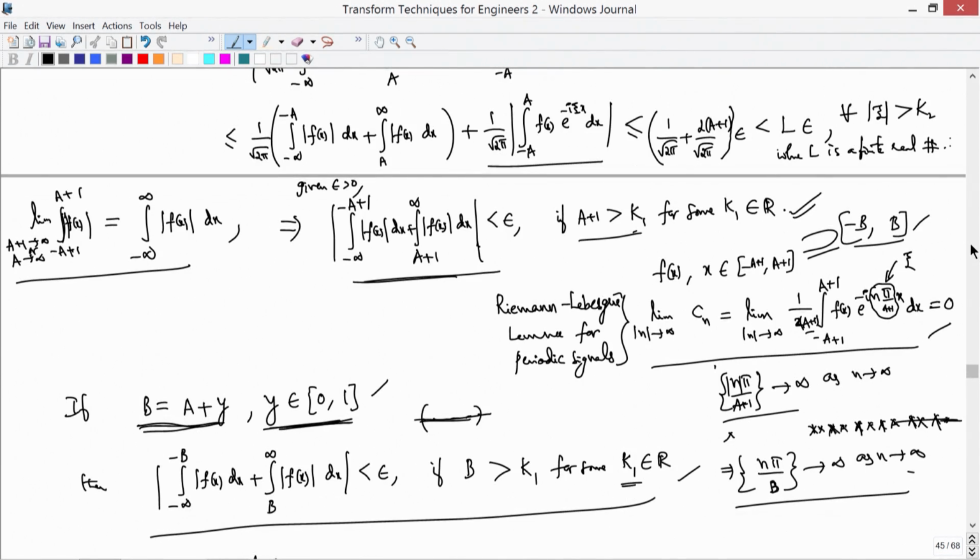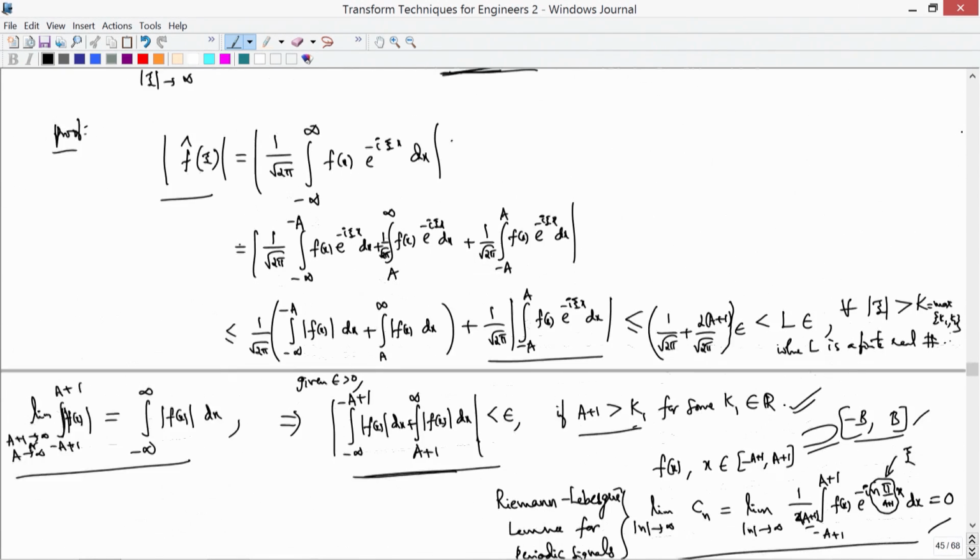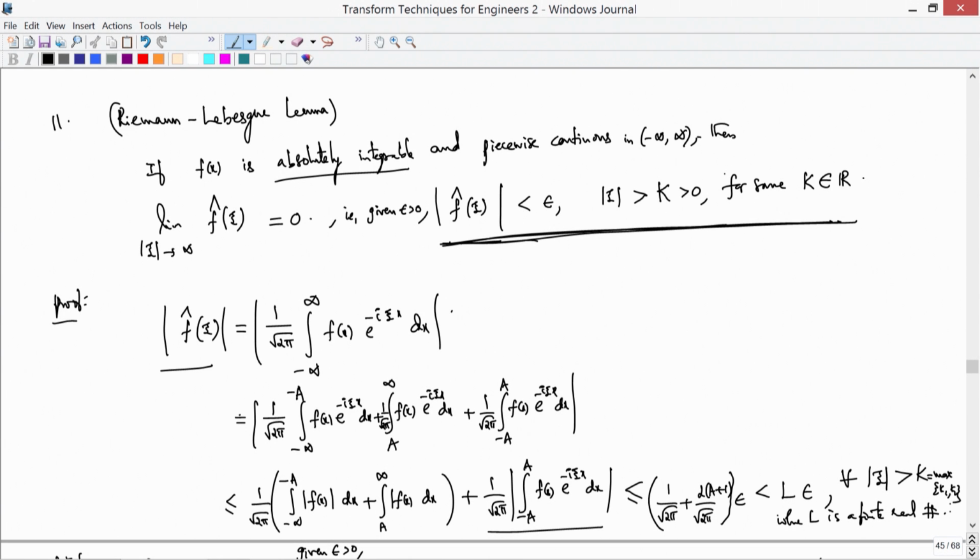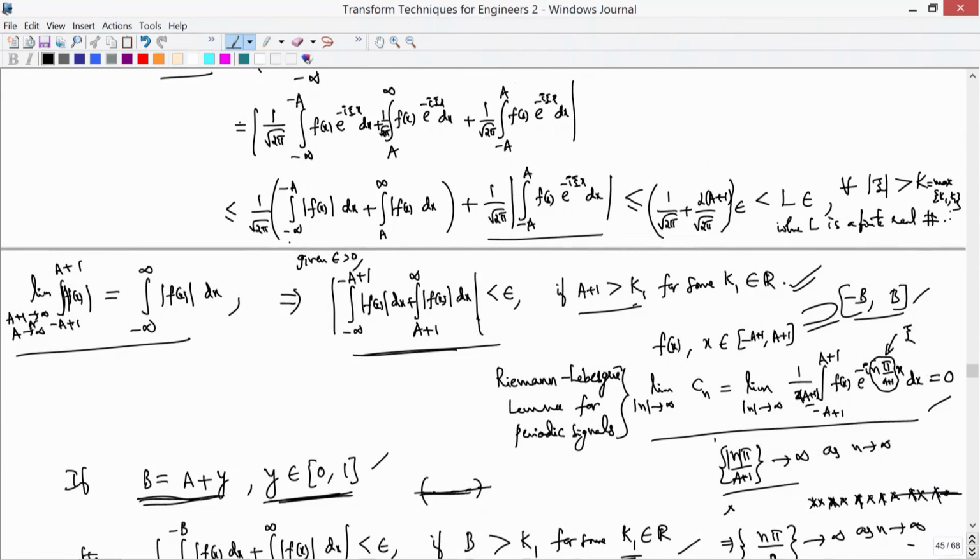Whichever of k1 and k2 is bigger, you pick that up. So you pick k, which is the maximum of k1 and k2. If I choose like this, this is exactly what I want to prove. So k is such a thing. That means this limit is actually 0. So this is how you can prove this Riemann-Lebesgue lemma.